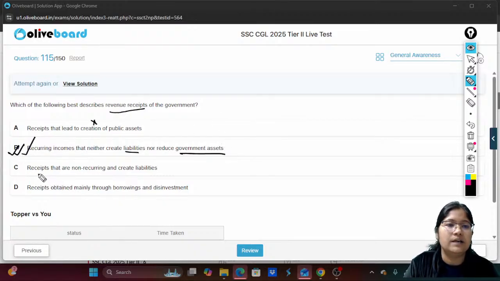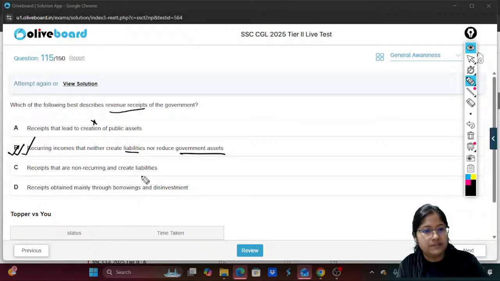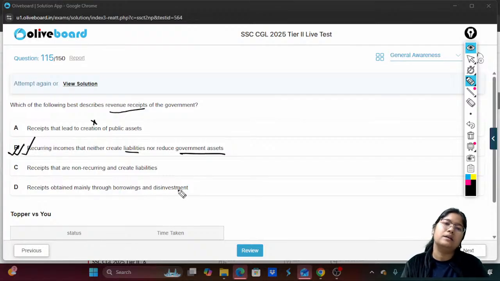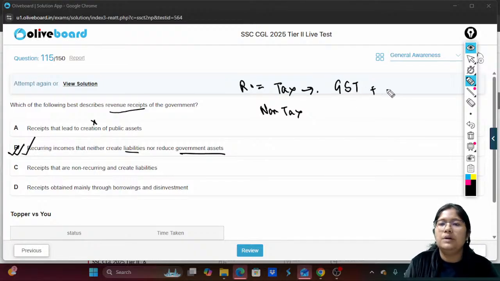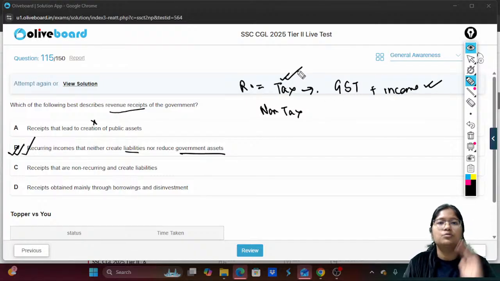We'll still look at the others. Receipts that are non-recurring and create liabilities. Receipts obtained mainly through borrowing and disinvestment. So what happens in case of revenue receipts? There can be tax revenue and non-tax revenue. Whatever you can imagine in the tax revenue, be it your GST, be it your income tax, whatever you can imagine, it is there in the tax revenue which goes to the government.